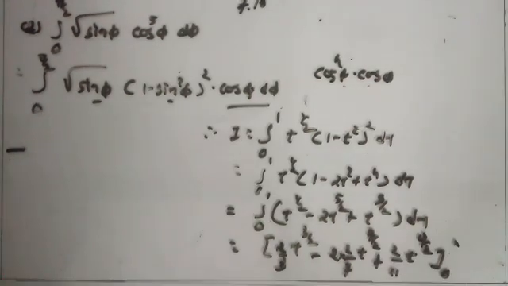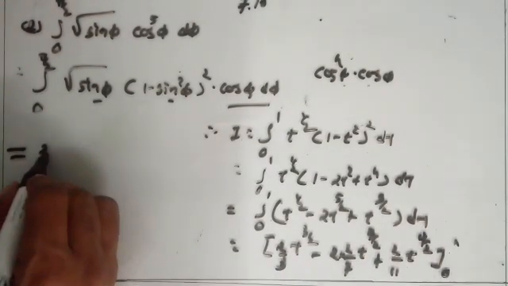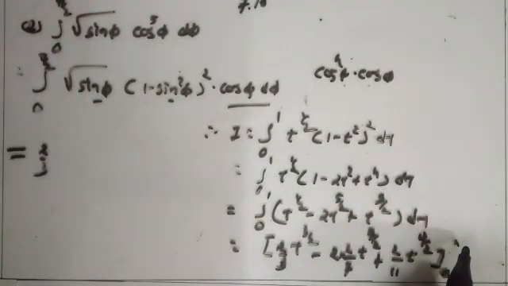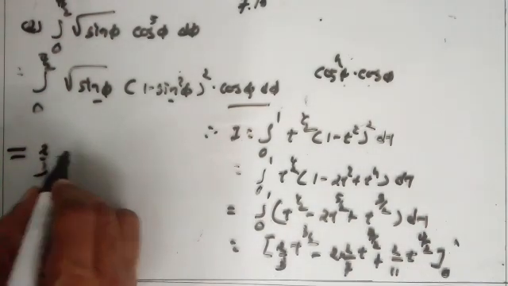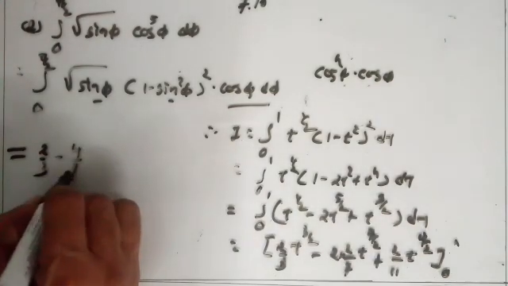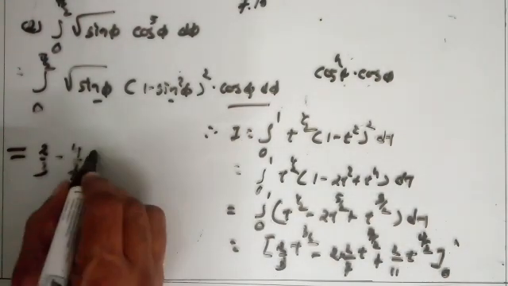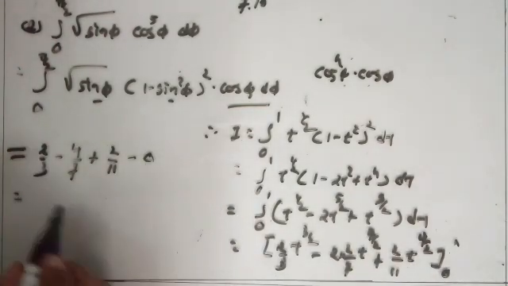Therefore, here 2 by 3 with t equal to 1: 1 raised to 3 by 2 is 1, minus 2 into 2 by 7 into 1, plus 2 by 11 into 1, minus, putting t equal to 0, we get 0, that is 0.